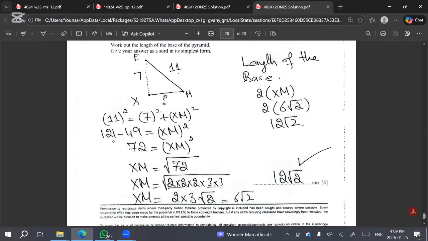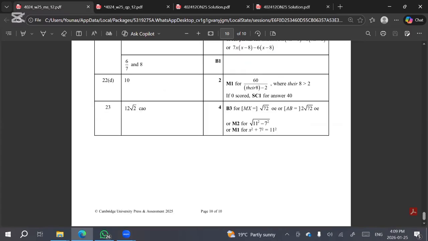XM is the unknown. Apply Pythagoras: 11 squared equals 7 squared plus XM squared. So 121 minus 49 equals XM squared. XM squared will be equal to 72. XM will be the square root of 72, so XM equals 6 root 2. The length of the base will be 2 times XM, so 2 multiplied by 6 root 2 is 12 root 2. So 12 root 2 is the right answer.